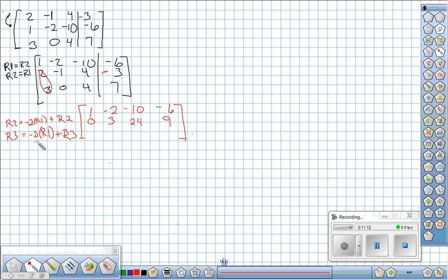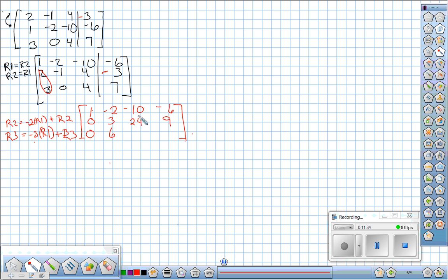Okay, so then I have negative 3 times R1. So I have 1 times negative 3 plus R3. That equals 0. Then I had negative 3 times negative 2. That will give me positive 6 plus 0.